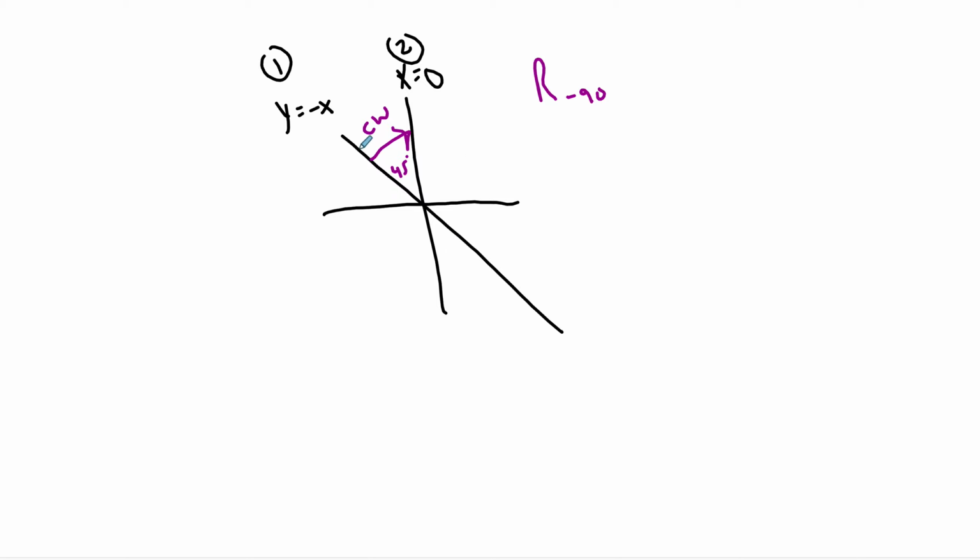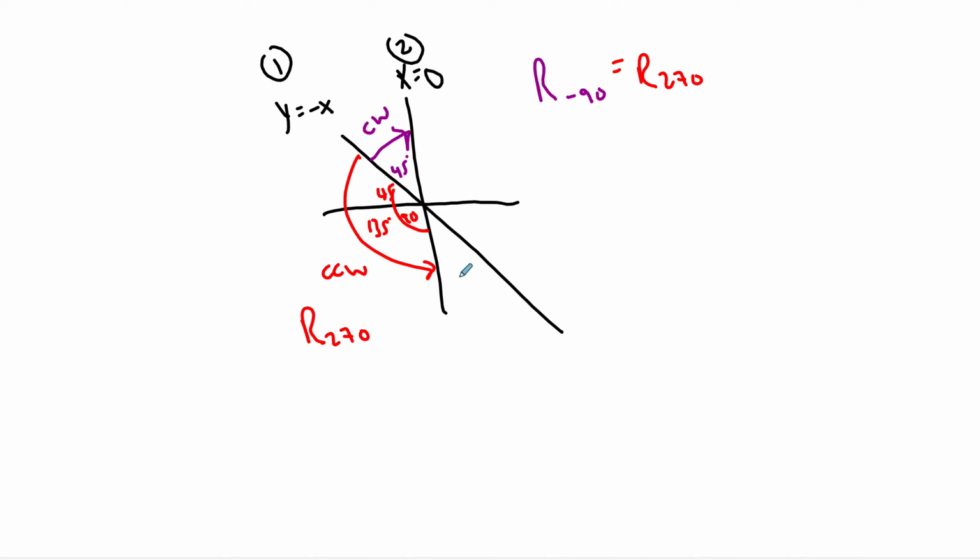Another way to go from this first line to this second line could be thought of as going this way, which would be counterclockwise, but the angle would be 45 plus 90, which is 135 degrees. And 135 times 2 is 270, so that could be a rotation of 270 counterclockwise. We know that these are both equivalent, so that kind of makes sense.